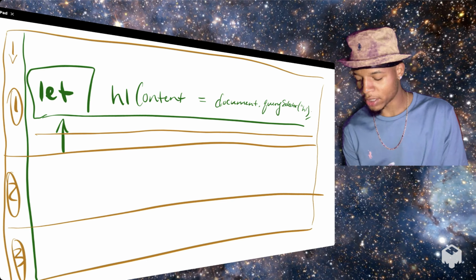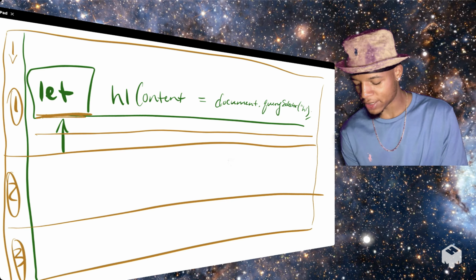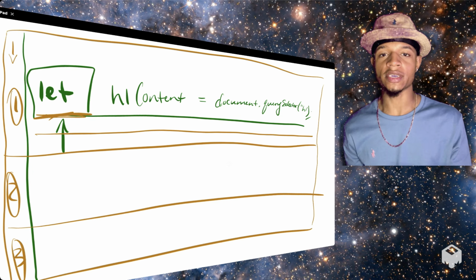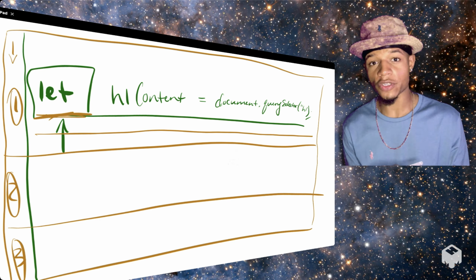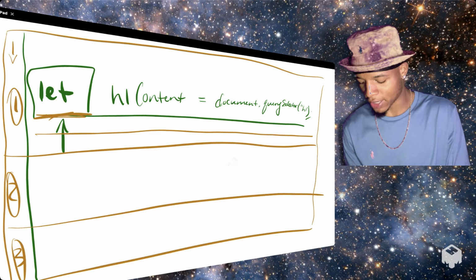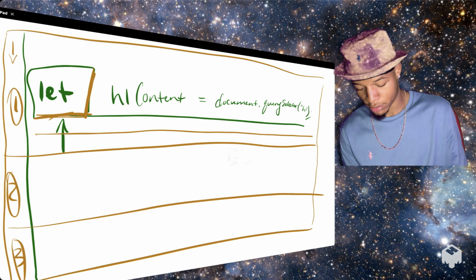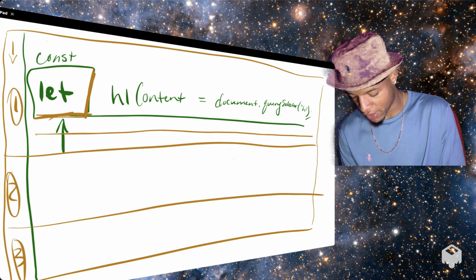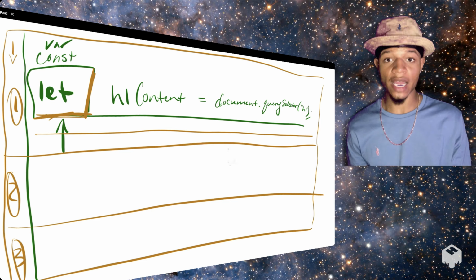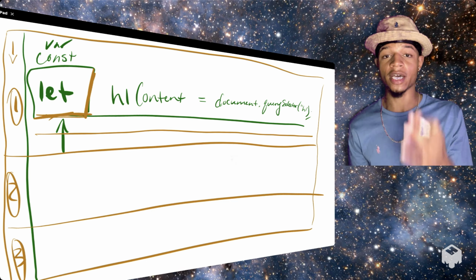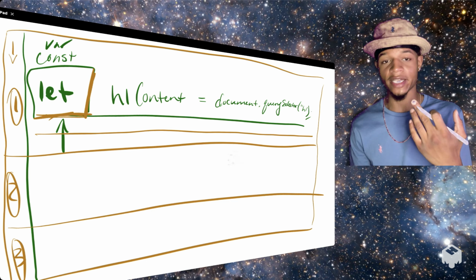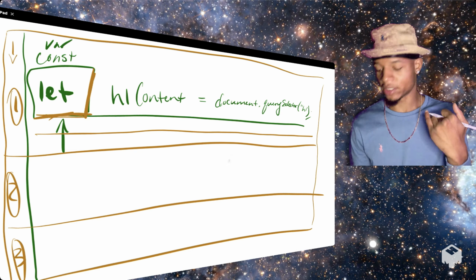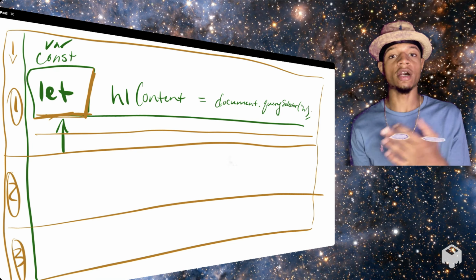On line number 1, I'm saying let. If the computer reads a line and the first word on that line is let, const, or var, pertaining to JavaScript. Now, in other languages, you can say different things like int, char, and all different other things.